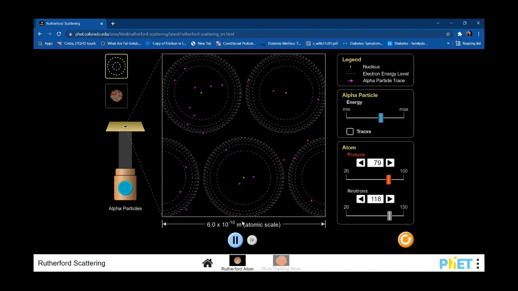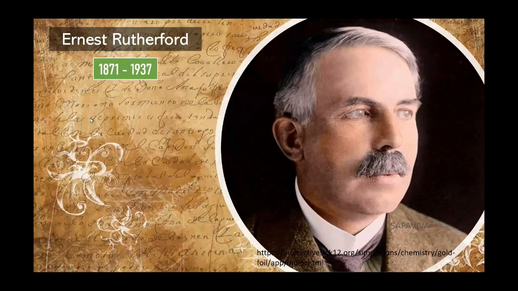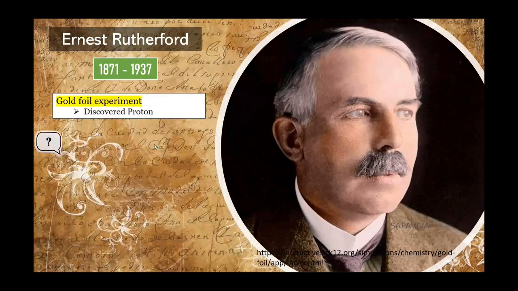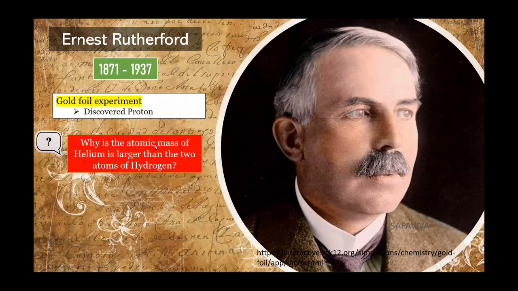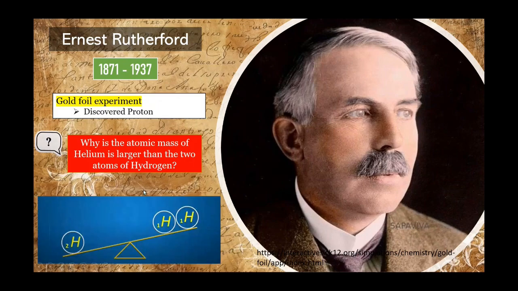Okay. So the biggest question of his time was when they weighed the mass of helium and hydrogen. So with this concept, proton and electron, when you add them, that will be the mass of an atom. However, when they compared the mass of helium and the mass of hydrogen, it was not equal.